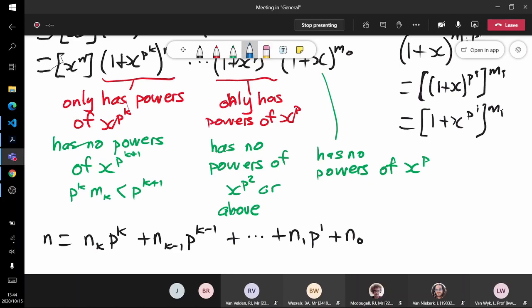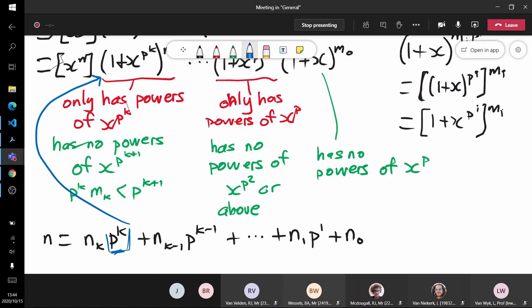The only way we're going to get this power of p, this p to the k, has to come from this bracket over here. That's the only place you're going to get a power of p to the k in the exponent of x.